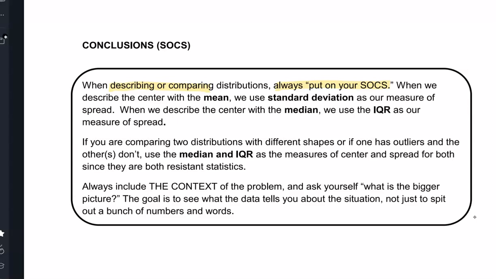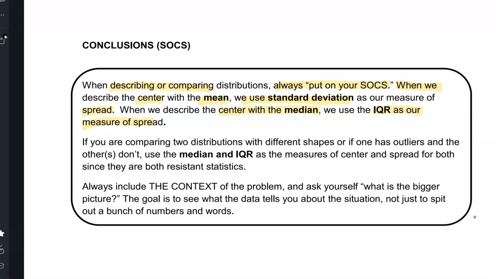But make sure you're being specific, being detailed, including context and using your brain. When we describe the center with mean, we should use the standard deviation as our measure of spread. Those should go together. On the other side, when we describe the center with our median, we should use our IQR as our measure of spread. So when should you use those?